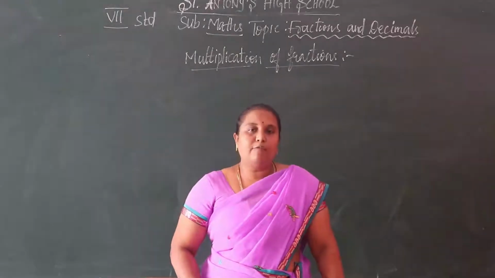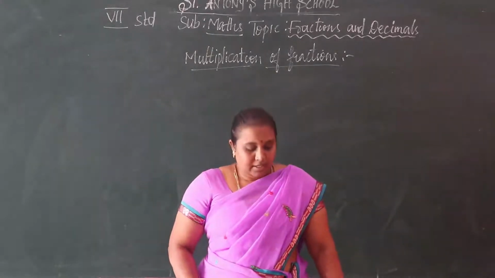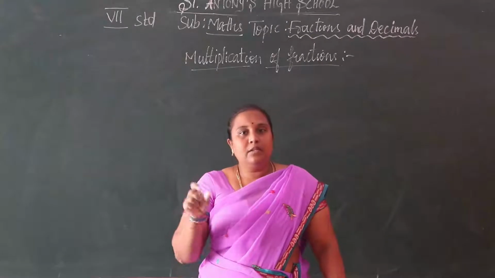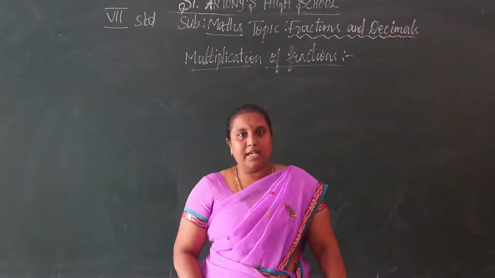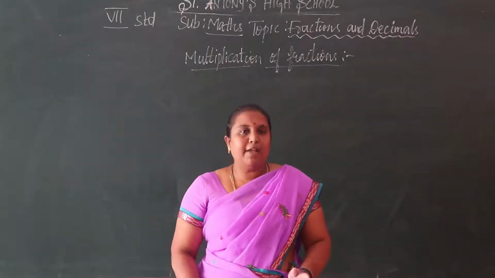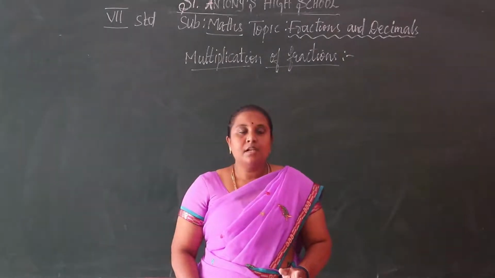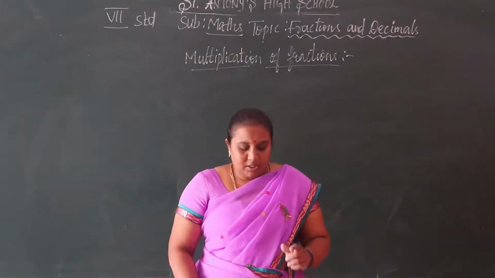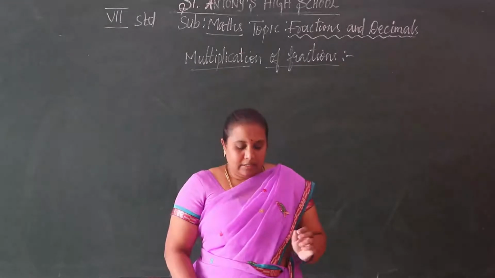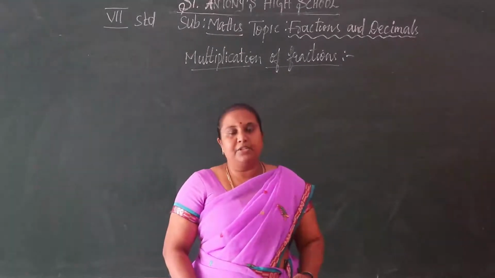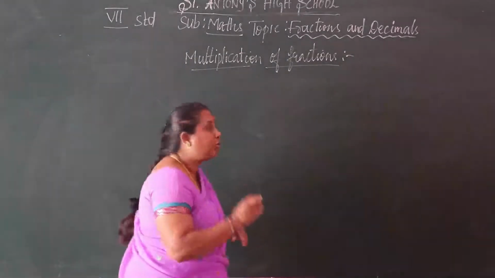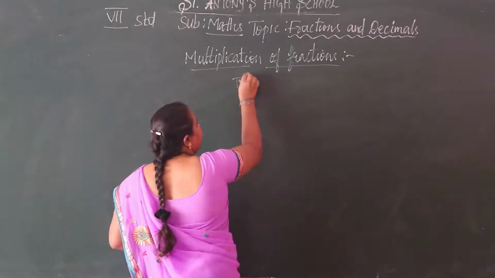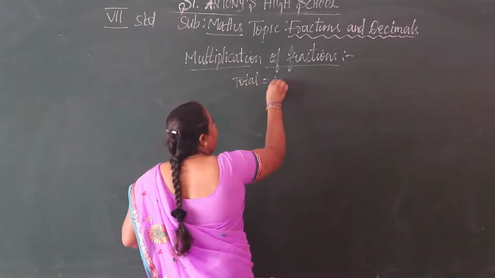In a class of 40 students, it is given, that is what is given. So in one class there are 40 students. 1 by 5 of the total number of students like to study English. How many students are there totally? Total students are 40.